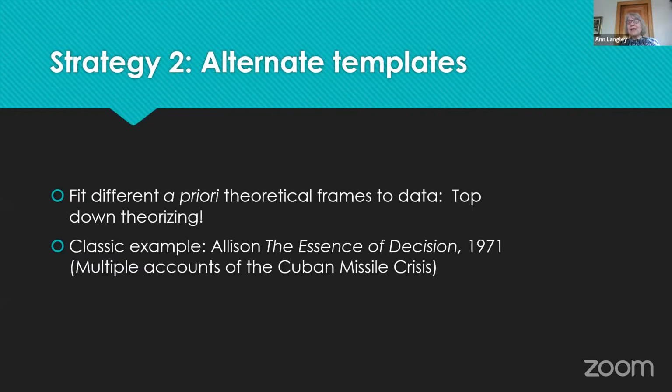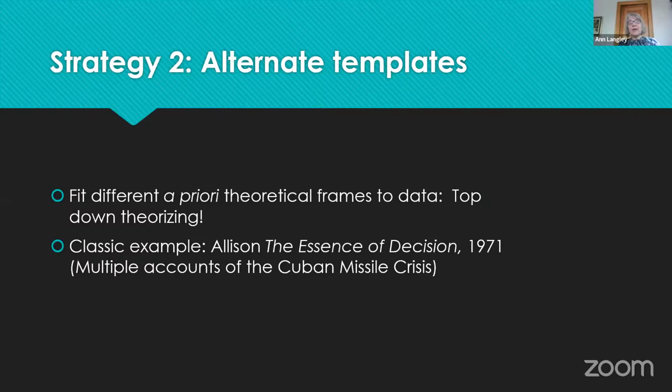Because if you do that, you will get to see your data in different ways. You might even be able to verify which theoretical framework is more appropriate, fits better. And coding based on an a priori frame can be very useful for doing that.